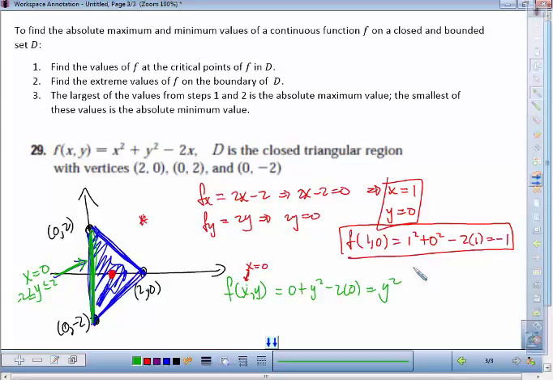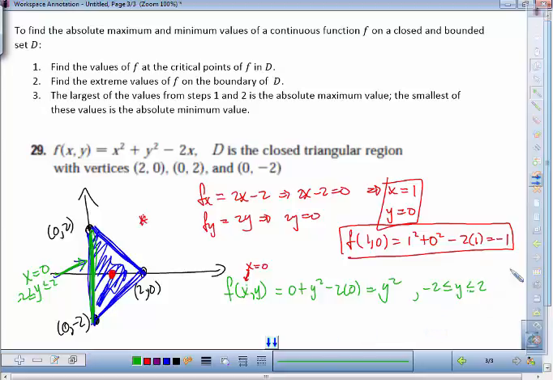So what we're going to do is invoke the extreme value theorem back in Calc 1, where I have this on a closed interval where y goes from -2 to 2.